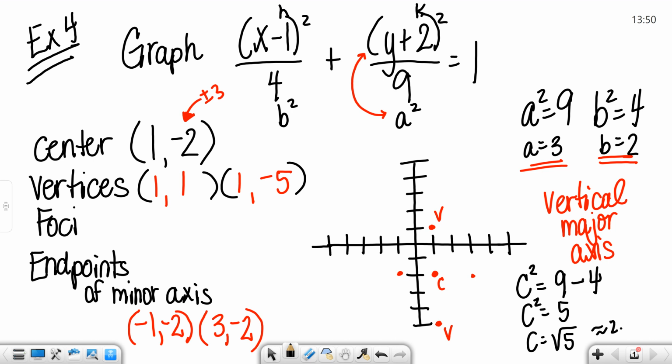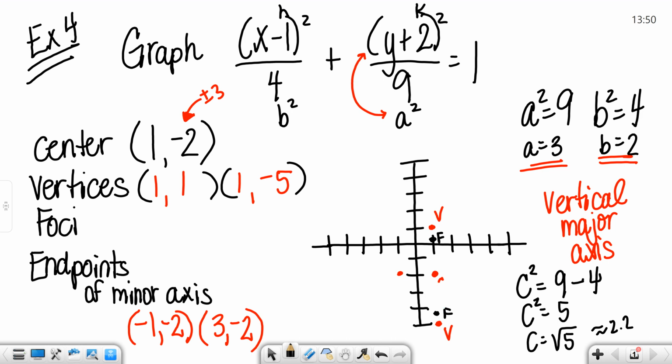Don't really need that number other than to know where to place it on the graph. Remember, it is on the major axis. So I start at the center and I count 2.2 spaces. This would be my foci. And then go back to the center and count down 2.2 spaces would be about right there for my second foci.